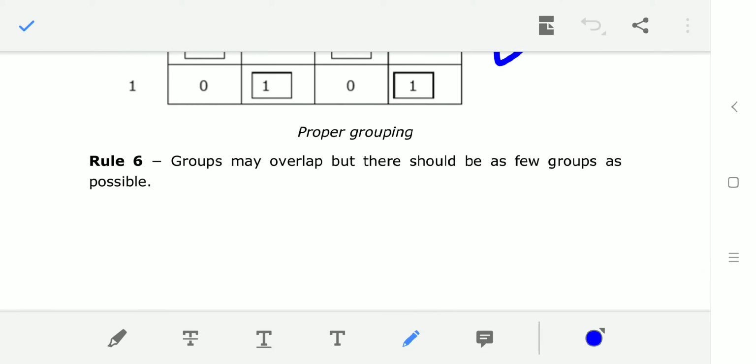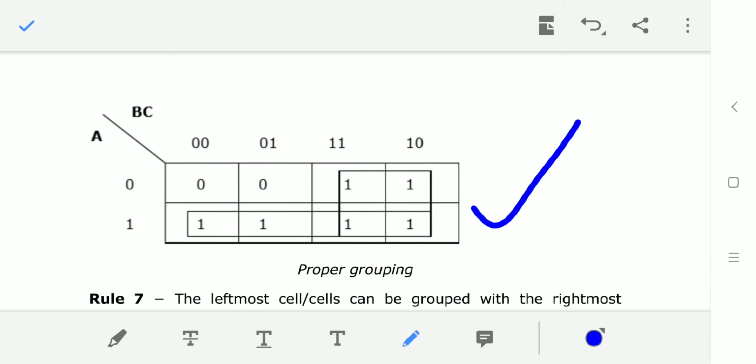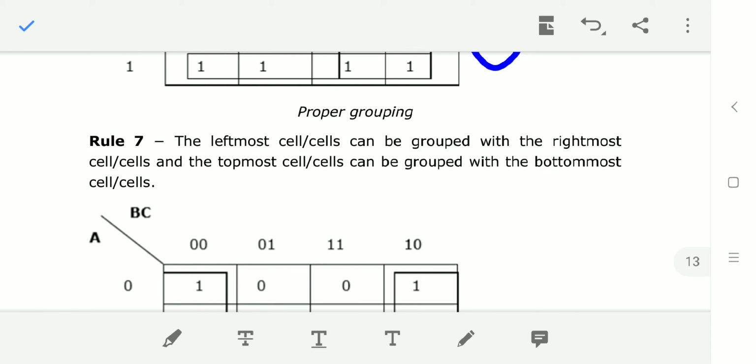Rule number 6. Groups may overlap, but there should be as few groups as possible. This is also proper grouping. Rule number 7.